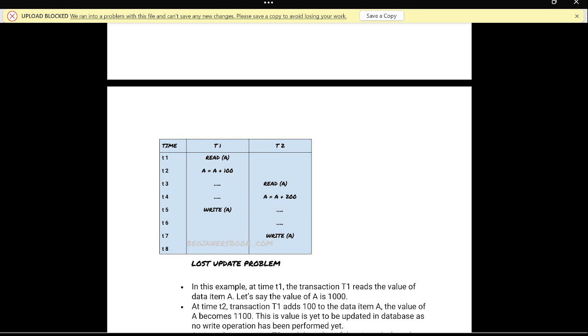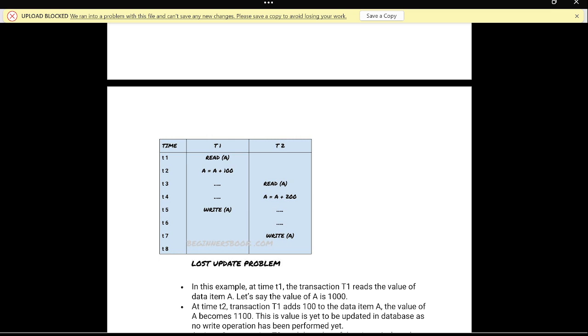In the last classes we observed that whenever you do any operation in a transaction, you have to write it immediately. If you don't write it, it is not updated in your database, so there may be a chance of losing this information. To avoid such problems, we write A at time T3.